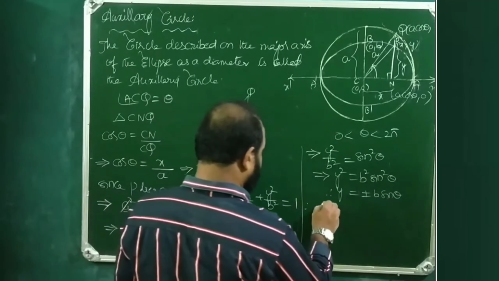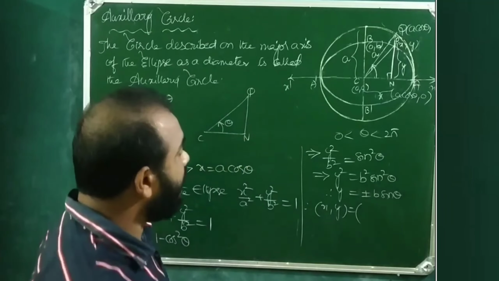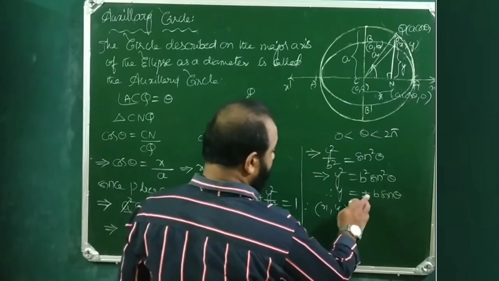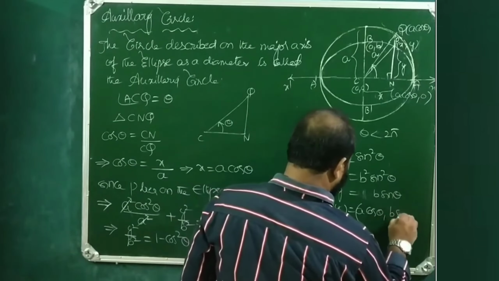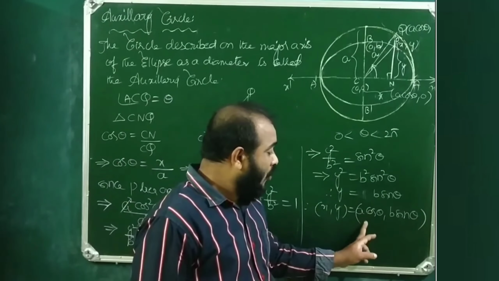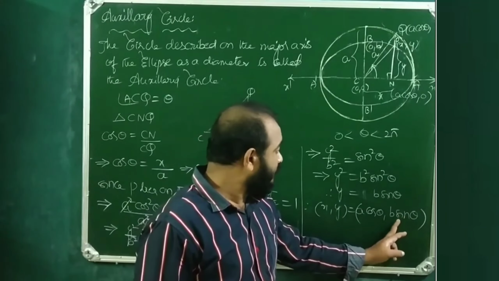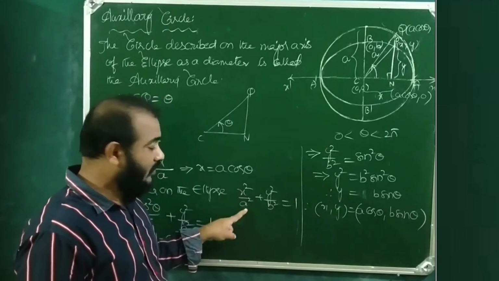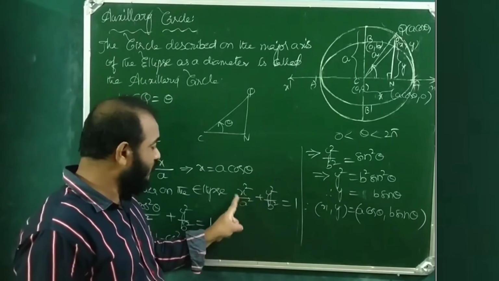Therefore, x comma y is equal to, since this is lying in the first quadrant, B sin theta only. So A cos theta comma B sin theta. If you substitute the point A cos theta comma B sin theta in the equation of the ellipse, that is A square cos square theta by A square plus B square sin square theta by B square, then B square cancels, A square cancels.